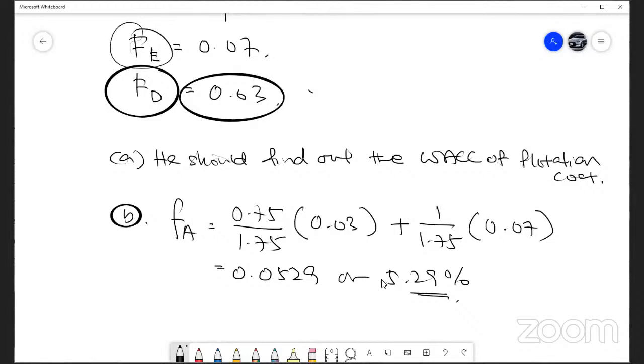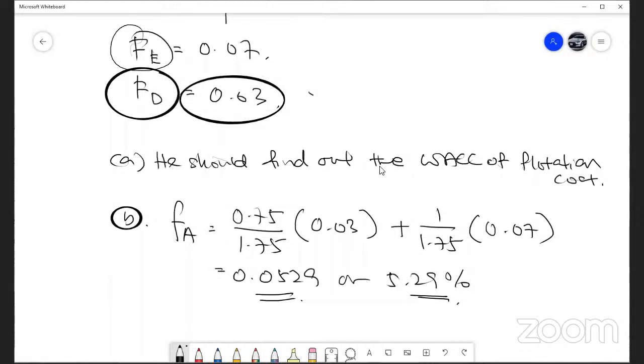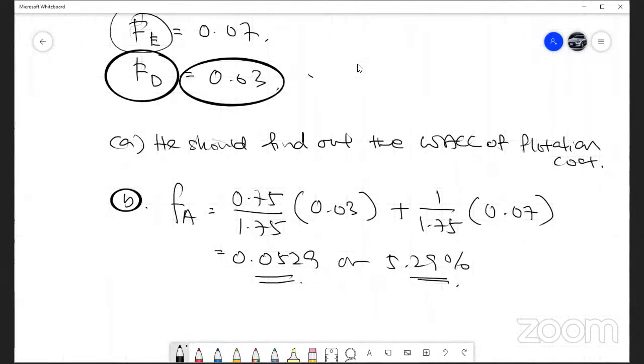What is the true cost of building the new assembly line after taking flotation cost into account? If you take the combination of both based on the debt to equity ratio, this is the weighted average flotation cost, 5.29%.